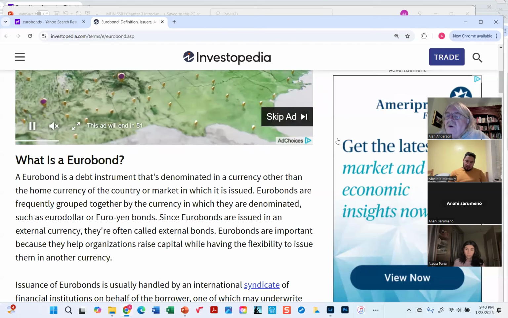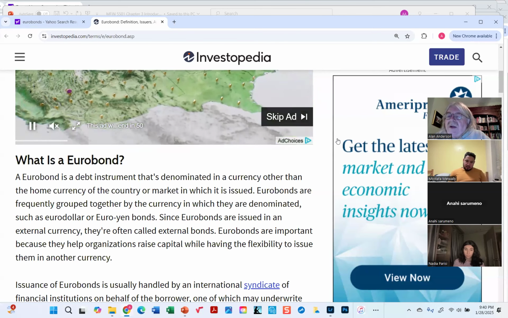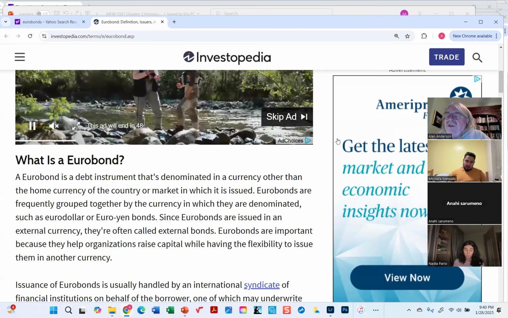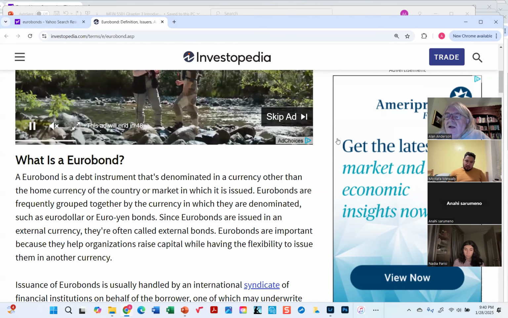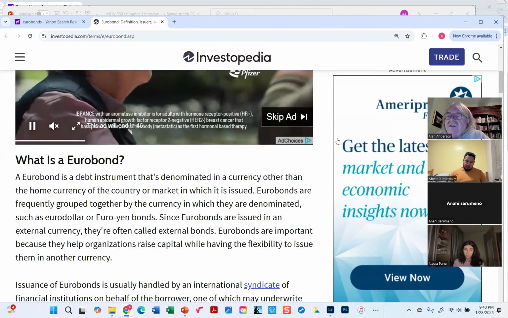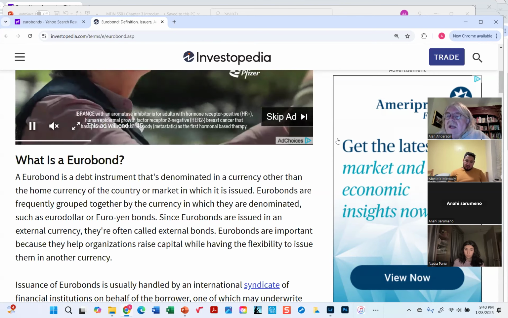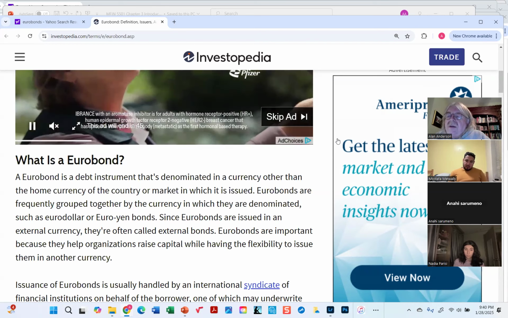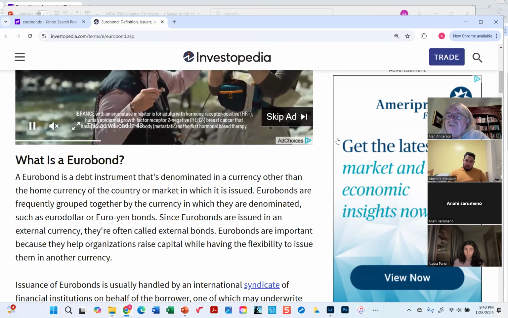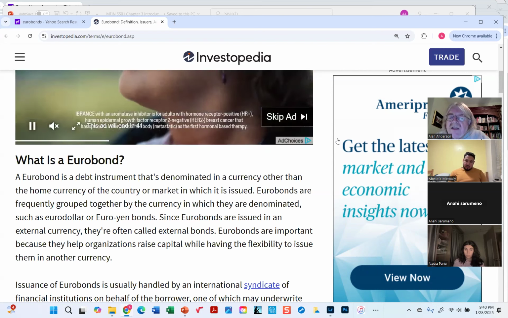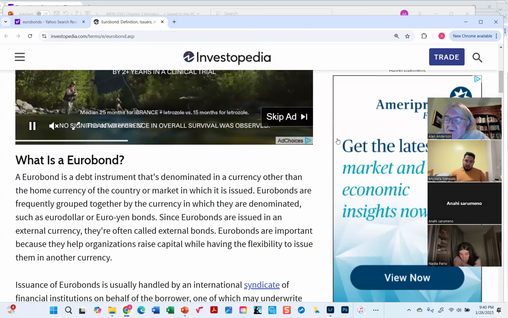You want to borrow kroner. That's the Swedish currency, by the way. You can issue bonds in the United States that are denominated either in dollars or in kroner. And if you denominate them in kroner and sell them to American investors in the United States, they suddenly become Eurobonds because kroner are being borrowed outside of Sweden.